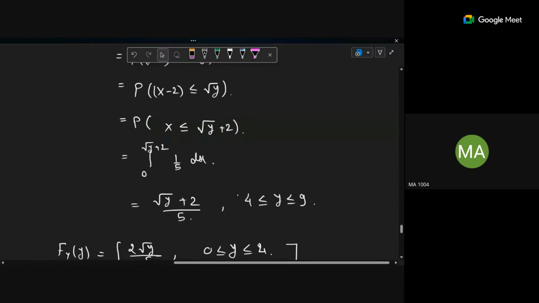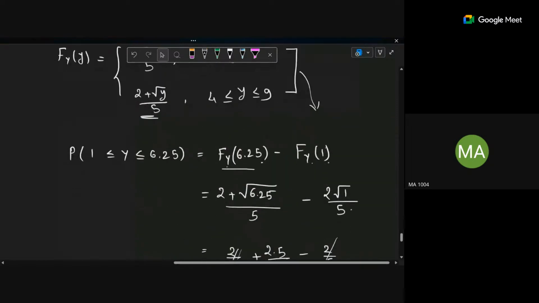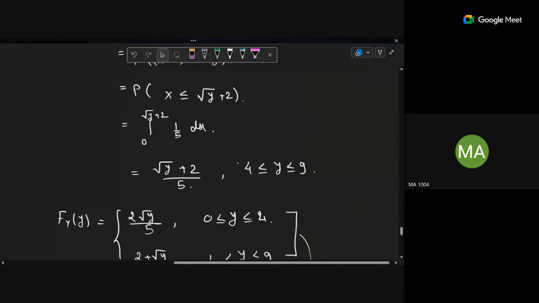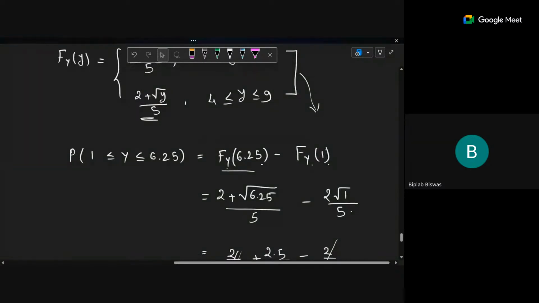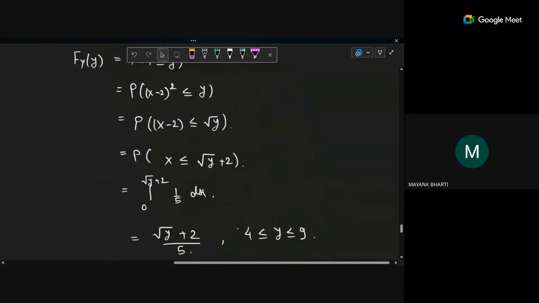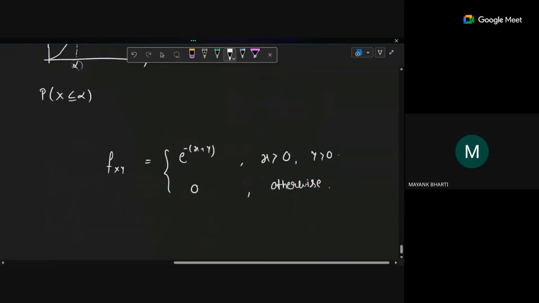Still, if you have a doubt, then I think in week 5 we discussed a similar question. Just the difference is -2 was not there, but the concept is the same. We have discussed it there in detail, so please check it. It was the same question, y is equal to x square, and it was in the lecture as well.